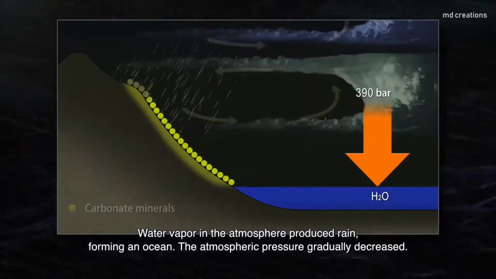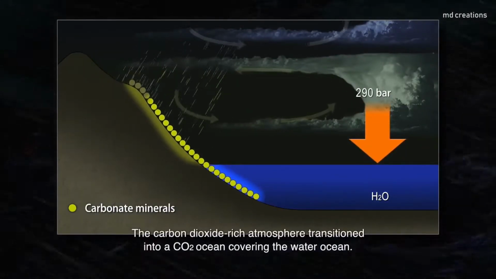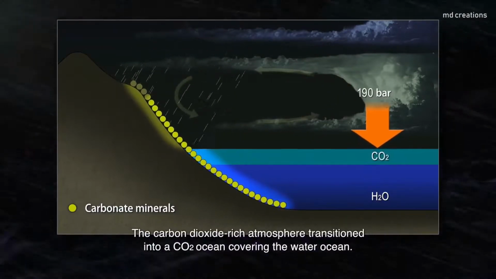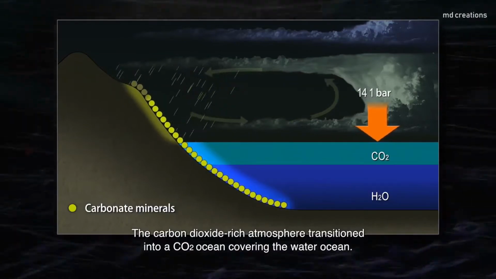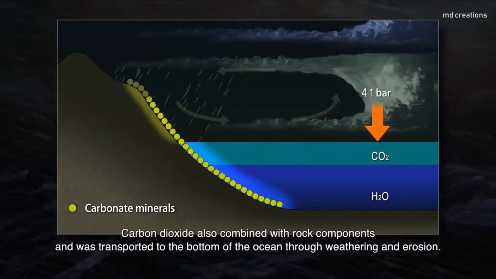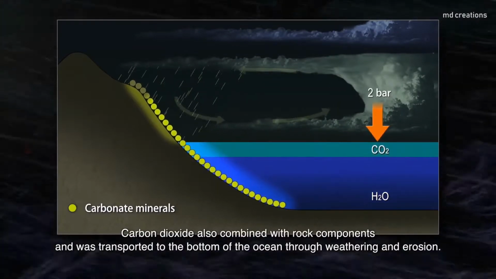The atmospheric pressure gradually decreased. The carbon dioxide-rich atmosphere transitioned into a CO2 ocean covering the water ocean. Carbon dioxide also combined with rock components and was transported to the bottom of the ocean through weathering and erosion.